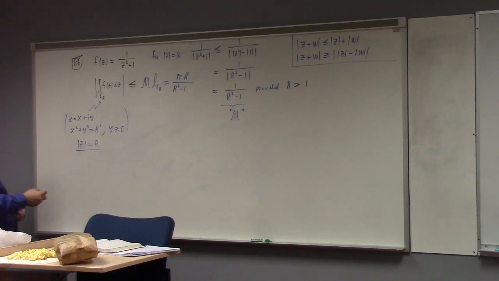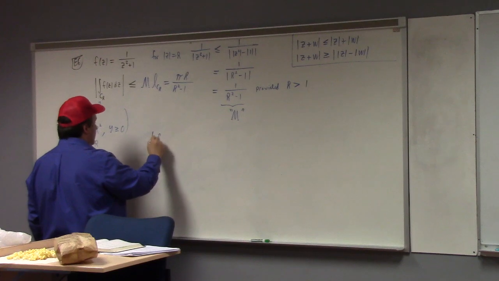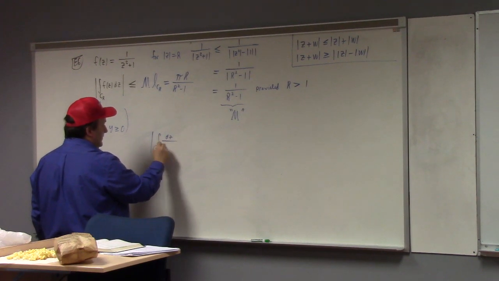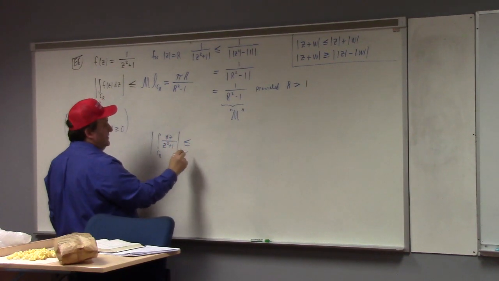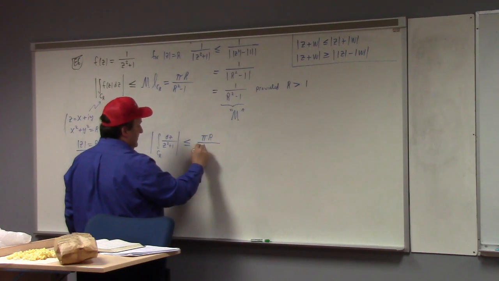Well, this is very cool, because now we've got the integral over C_R of dz over z squared plus 1, right, is less than or equal to what? It's less than or equal to pi r over r squared minus 1.